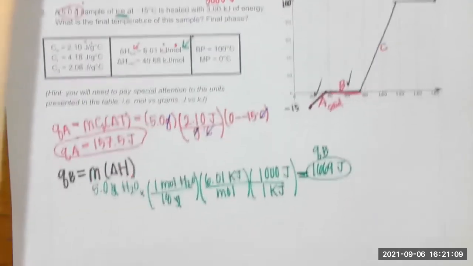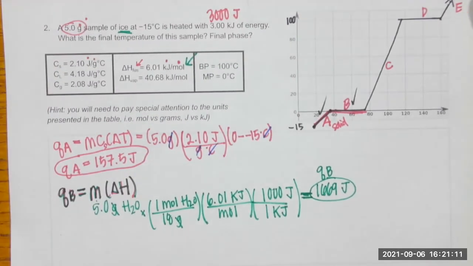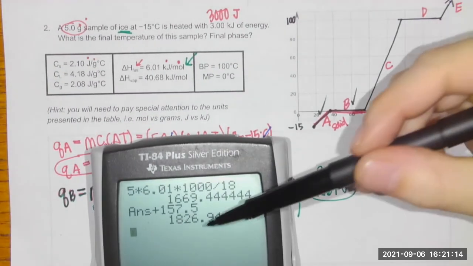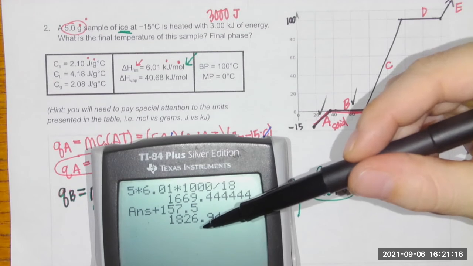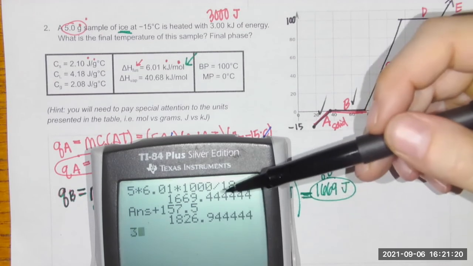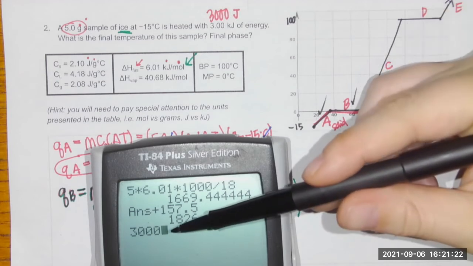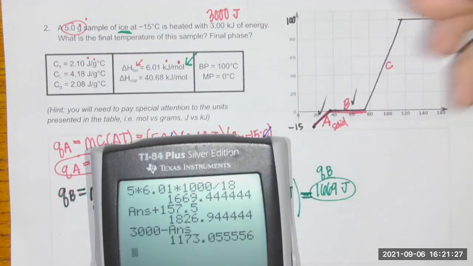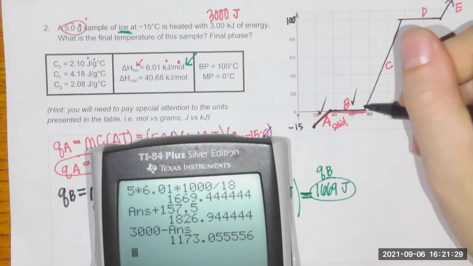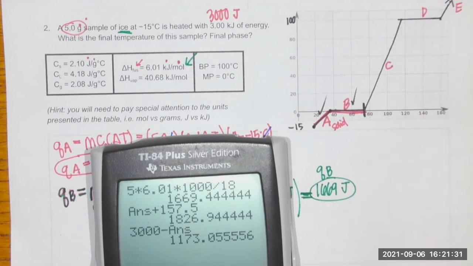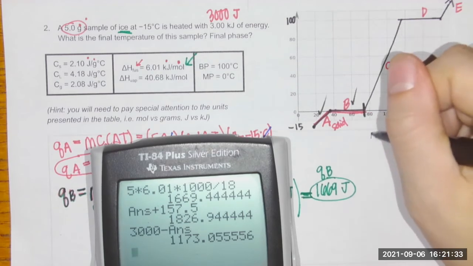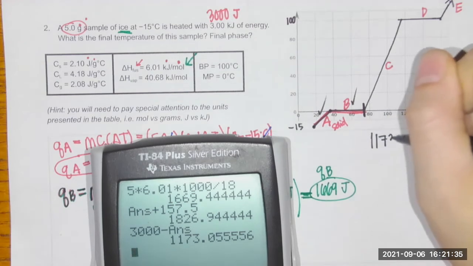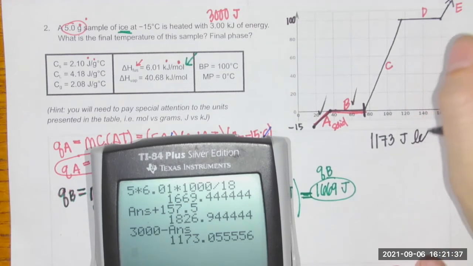So let's figure out how much we have left, because we've used up this amount, and there was 3,000 joules going into the equation. So after making it to part B, we will have 1,173 joules left to use.